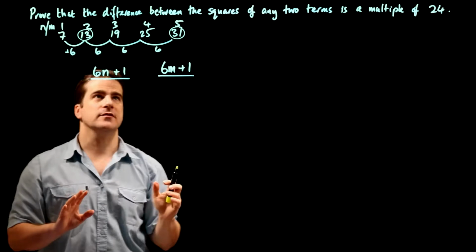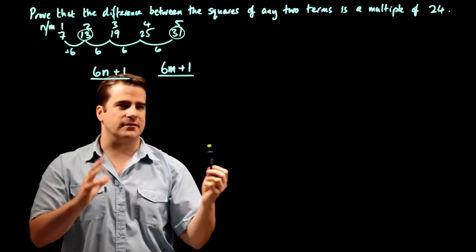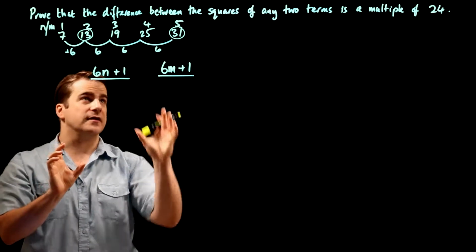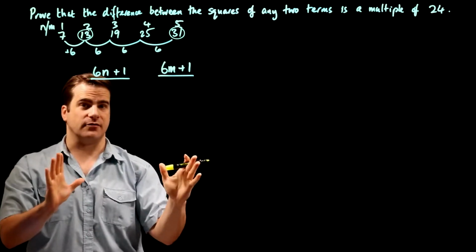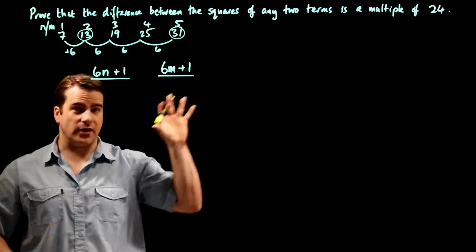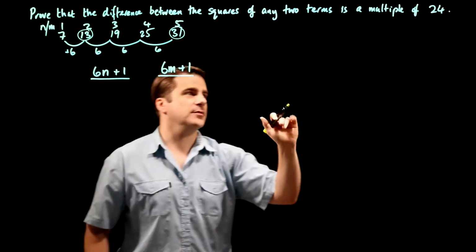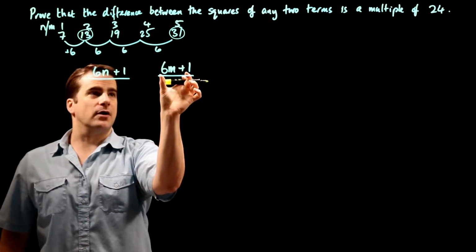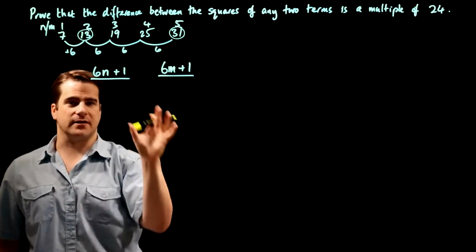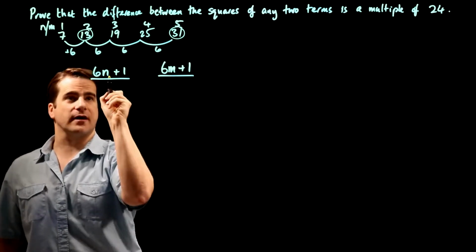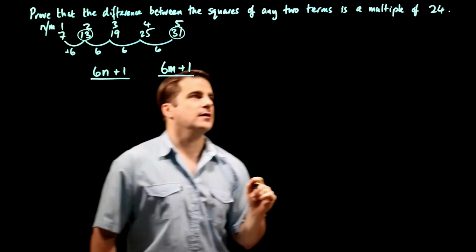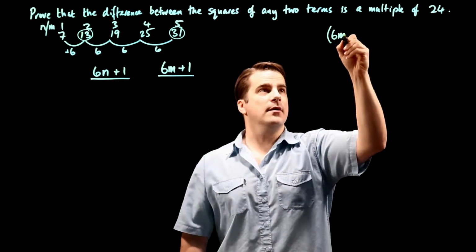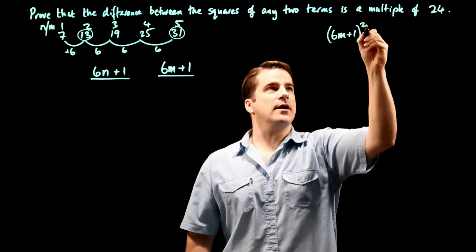We've got our two terms, the difference between the squares of any two terms, okay, so if we square both of those, and subtract, that will give us the difference, okay? So I'm just going to go through it all at once. The expression we're looking for is, remember, 6m plus 1, that's bigger because m is bigger than n. So that's the bigger one. So we need to subtract the smaller one from the bigger one. So the squares, that means (6m plus 1) squared.